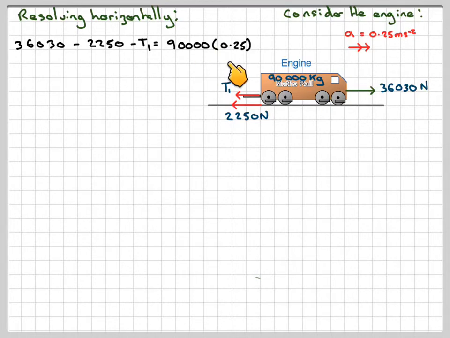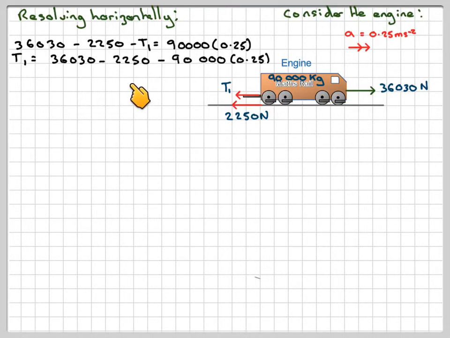Rearranging, T1 is 36,030 minus 2,250 minus 90,000 times 0.25. Working that out on my calculator gives me 11,280 newtons.